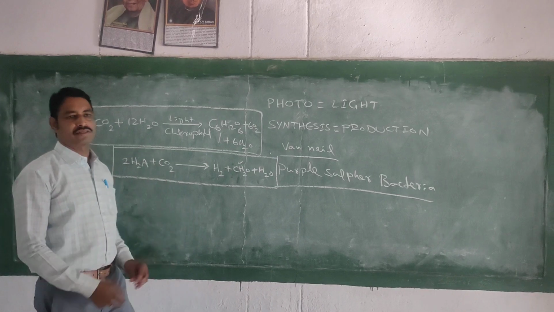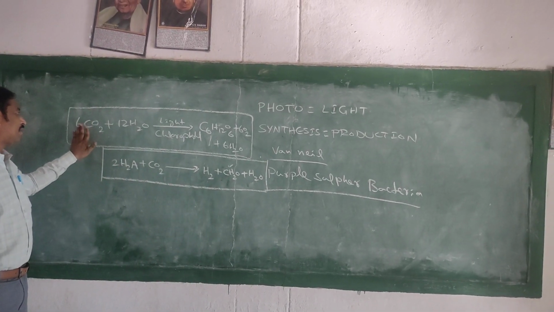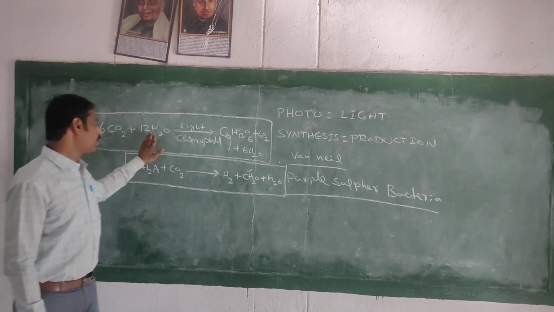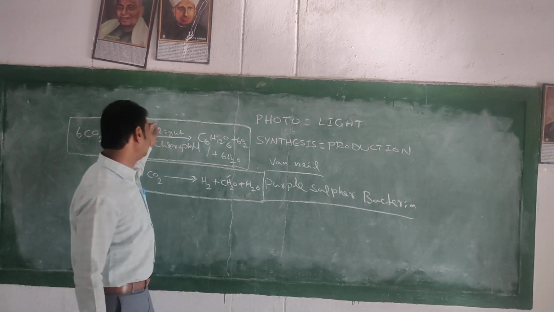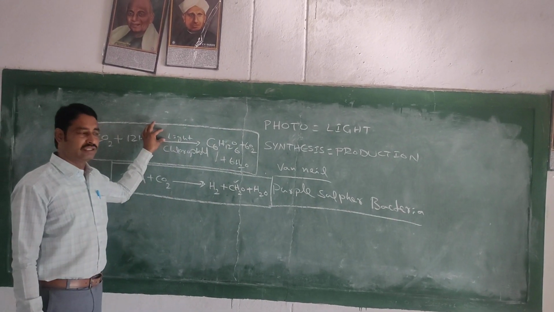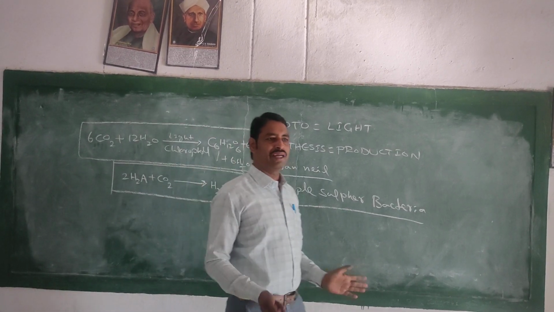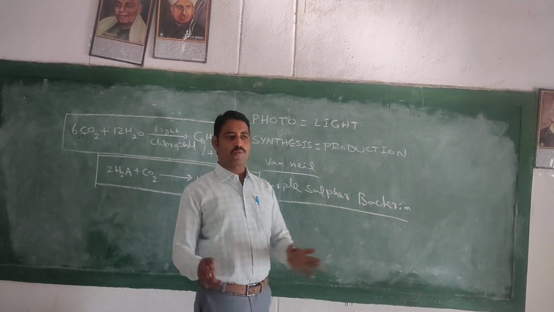Here we can observe that carbon dioxide, which we exhale in respiration, and water, which is absorbed by the plants with the help of roots, along with solar energy and chlorophyll are needed. Chlorophyll is the green color pigment present in a cell organelle called chloroplast.